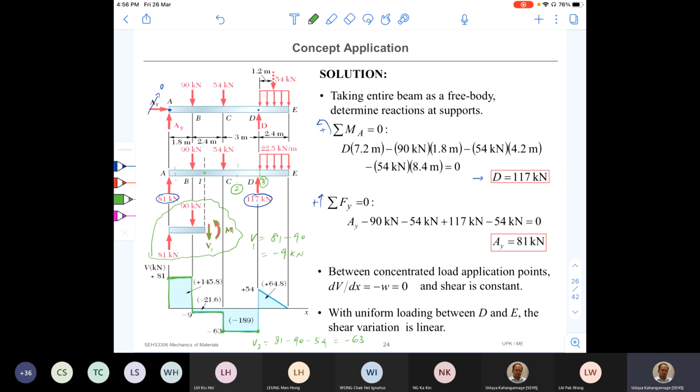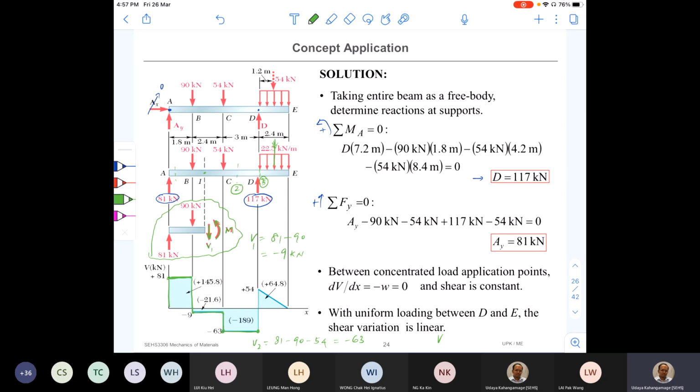Very small portion of the member after D. So then we can neglect the distributed load, because compared with the distributed load, there's no load at all. Or we can replace the distributed load by an equivalent force, right? Then what comes to the calculation is shear reaction force 81, 117, and the applied loads 90 and 54.